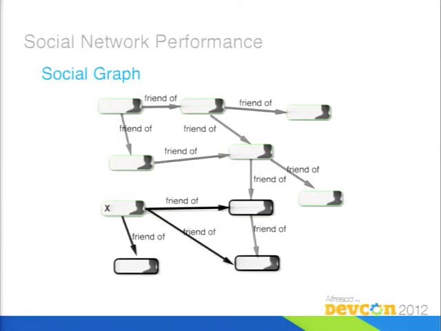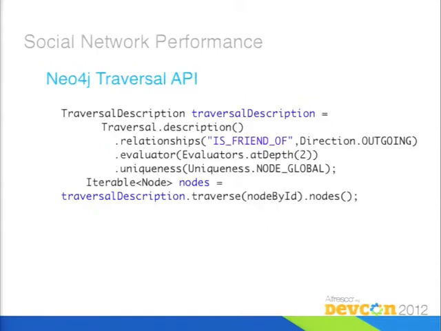So now we come to the social graph model. It's your typical graph. There's not a whole lot to talk about here, but it basically maps out friends of friends and relationships. So here's how you would traverse a Neo4j network through the traversal API.